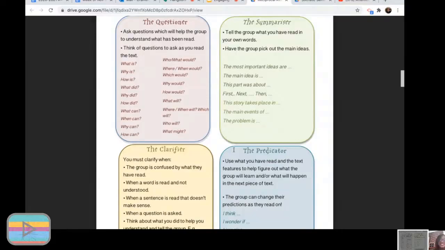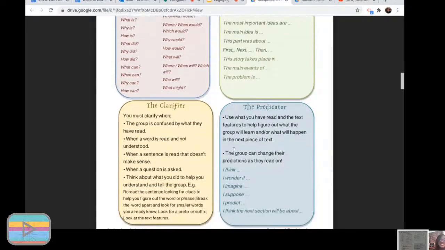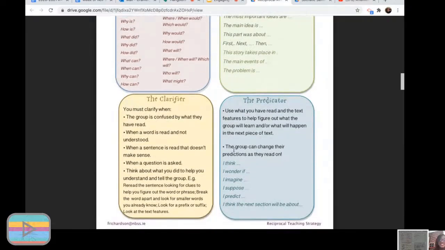And with the clarifier, on our NTI learning, we use that to produce more questions, so to produce more of the discussion.